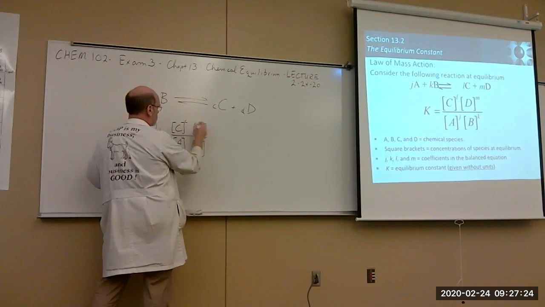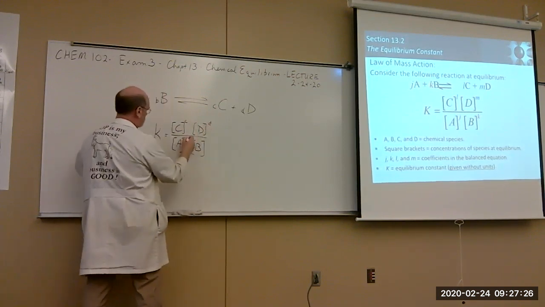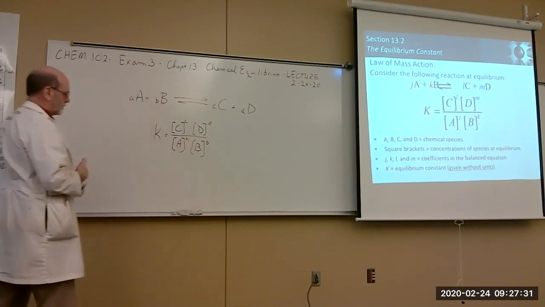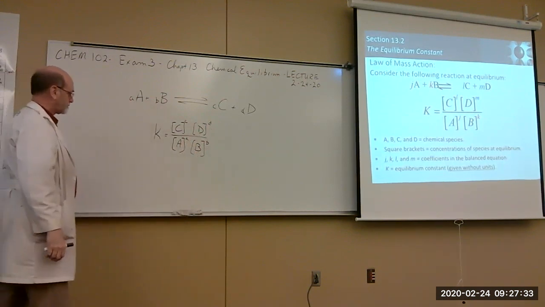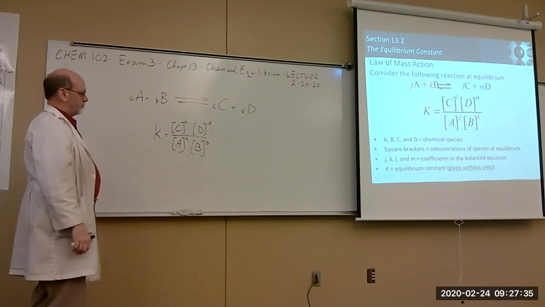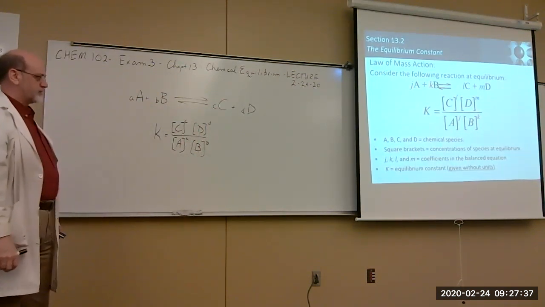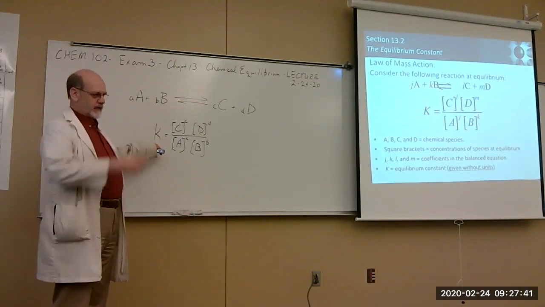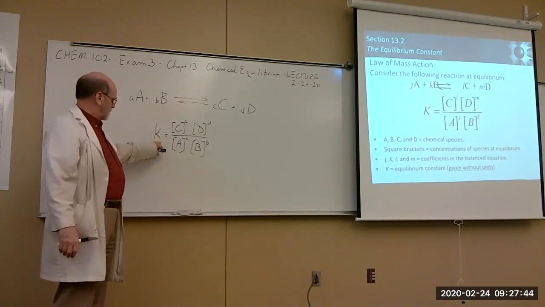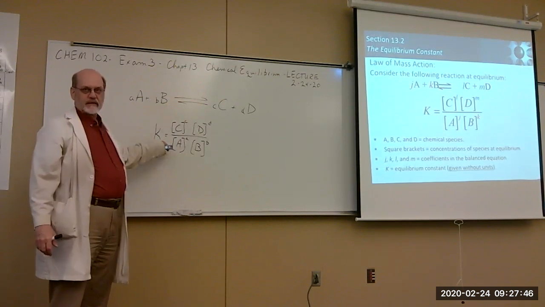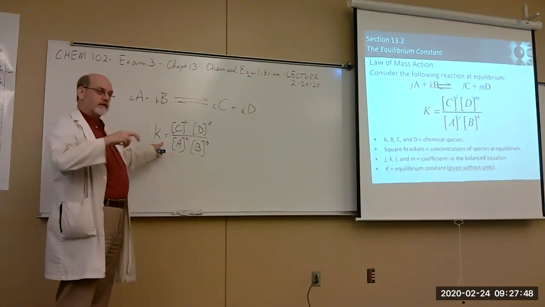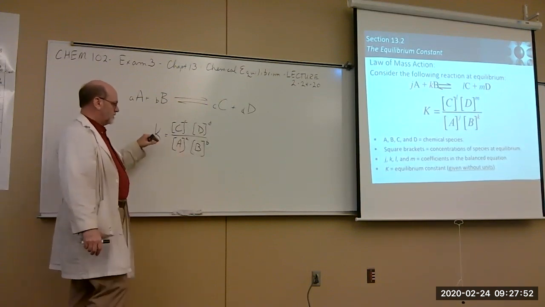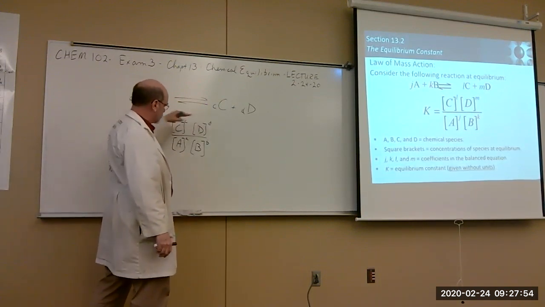So C would go here, D would go there, little a would go here, and so on. So that's your law of mass action. And these K values, you'll notice as we proceed, sometimes have subscripts to refer to particular types of reactions. This is the generalized form. Products over reactants.